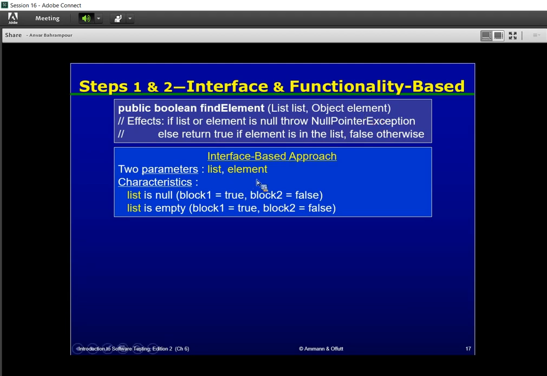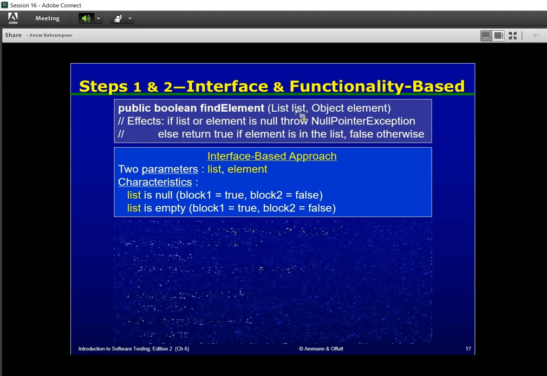So in the interface-based approach, we just consider characteristics which are special to any parameter in isolation.